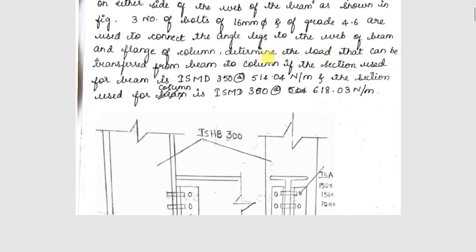Determine the load that can be transferred from beam to column. The section used for the beam is ISMB 450 at 514.04 Newton per meter, and the section used for the column is ISMB 300 at 618.03 Newton per meter.